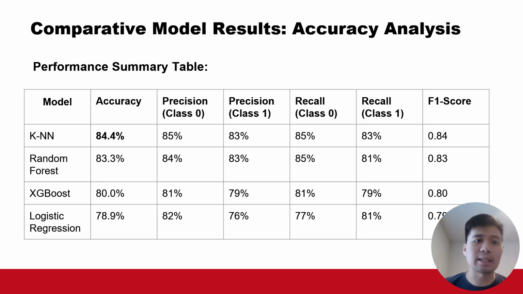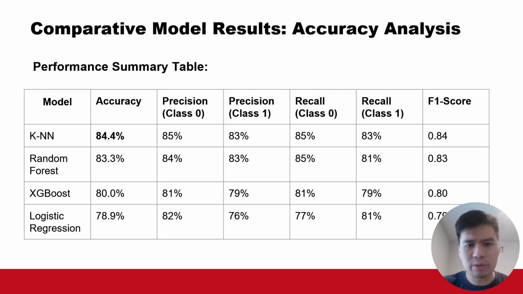This demonstrates that the clinical features that we're using, things like chest pain type, number of vessels, and maximum heart rate, have real predictive power. From a clinical perspective, KNN's 84.4% accuracy means that it correctly identifies approximately 4 out of 5 patients, which provides substantial decision support for clinicians making risk assessments.